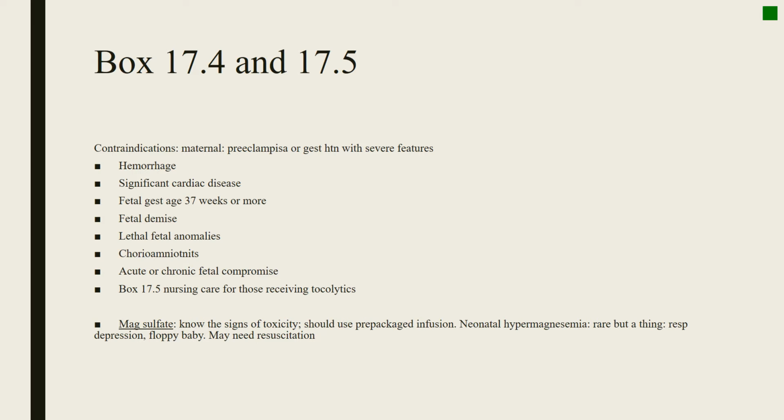We just let those go. We're not going to put everybody through this if they're 37 weeks. If there's fetal demise, if there's some type of lethal fetal anomaly, such as anencephaly or something like that, if there's chorioamnionitis, or if there's evidence of acute or chronic fetal compromise.